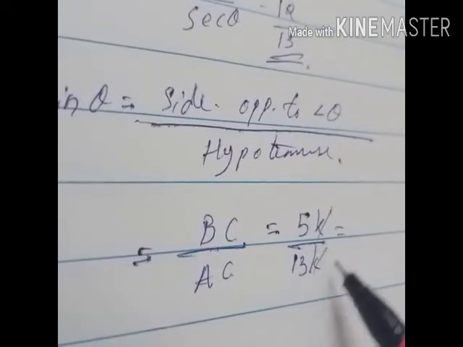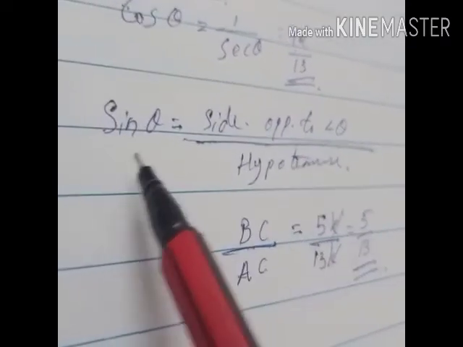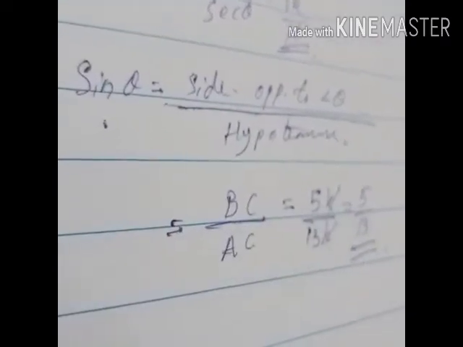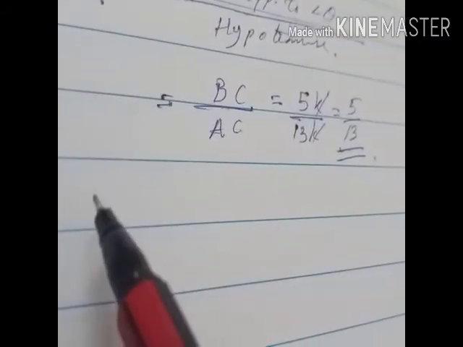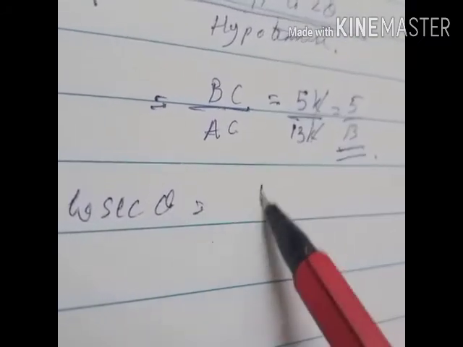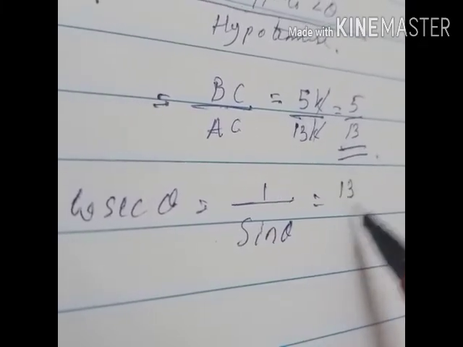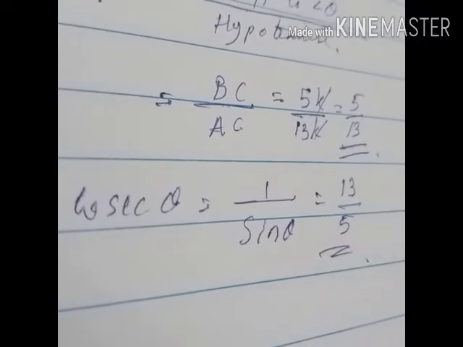So K and K will be cut. 5 by 13 is the answer. So sin theta equal 5 by 13. Its reciprocal is cosec, so cosec theta equal 1 by sin theta, that means its reciprocal, 13 by 5.